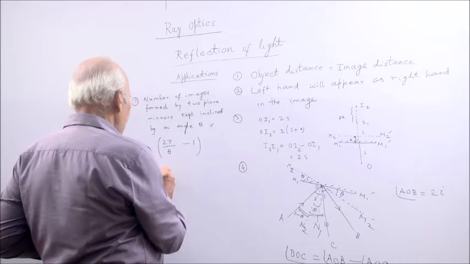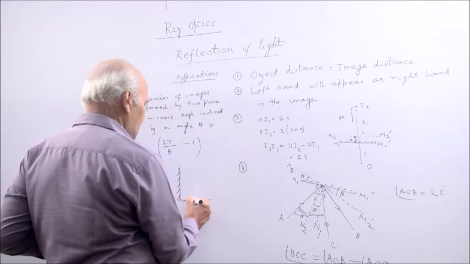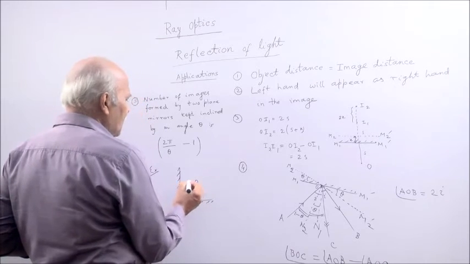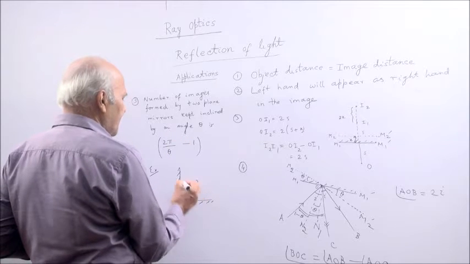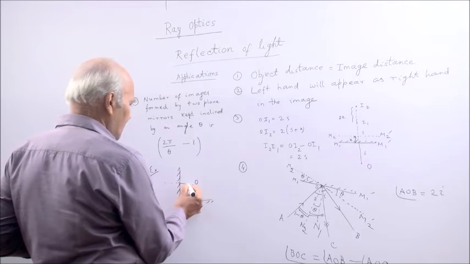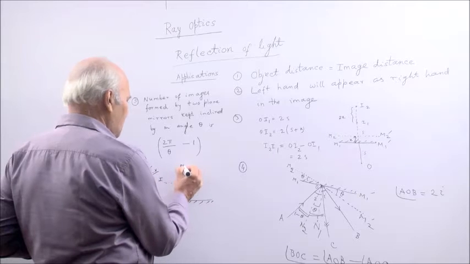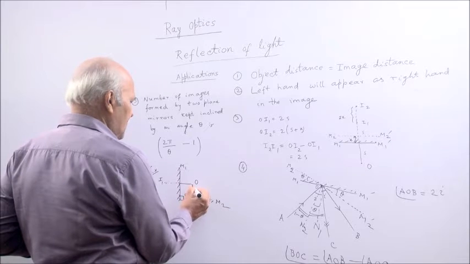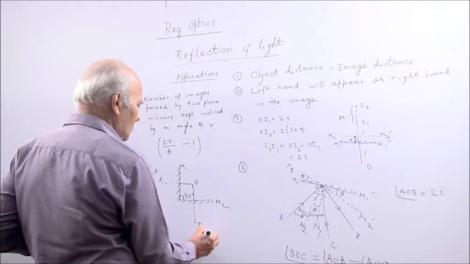So example is, suppose you have two plane mirrors and this is the object. So this object should have 360 degree by 90 degree, that is 4 minus 1, 3 images. So this image will be one of the images. Suppose this is M1, this is M2, then this is I1. Then the image formed by M2 is your I2.